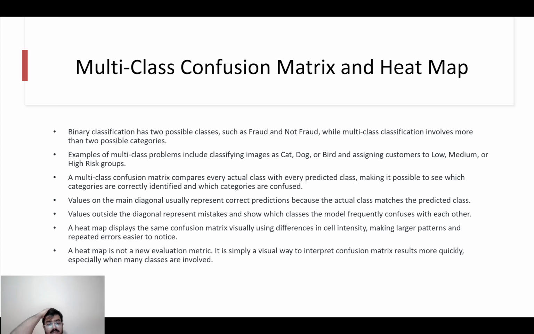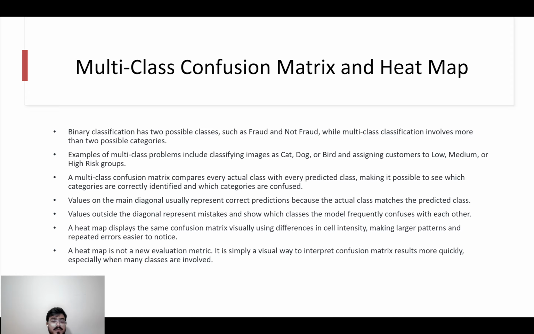In these situations, a confusion matrix still works the same way, but instead of having only two classes, it includes all possible classes. This allows us to see which categories are being predicted correctly and which categories are being confused with another. To make this information easier to understand, many machine learning tools display the confusion matrix as a heat map. A heat map uses different color intensity to represent the values inside the confusion matrix.